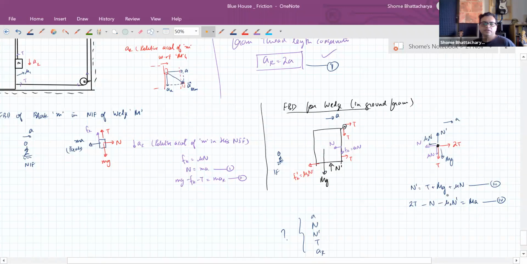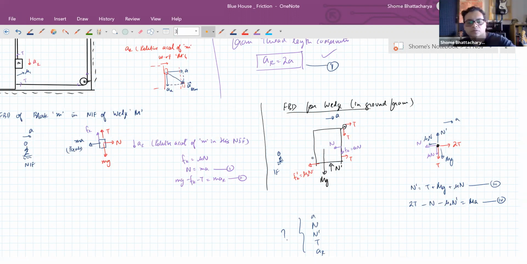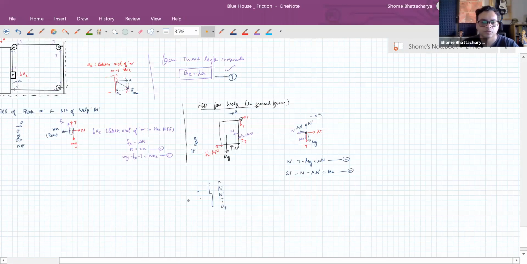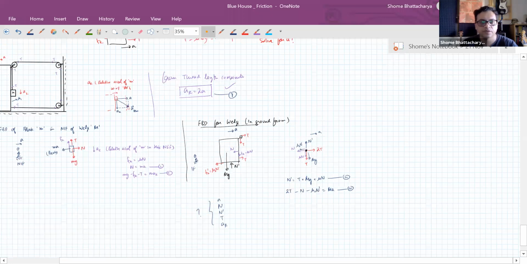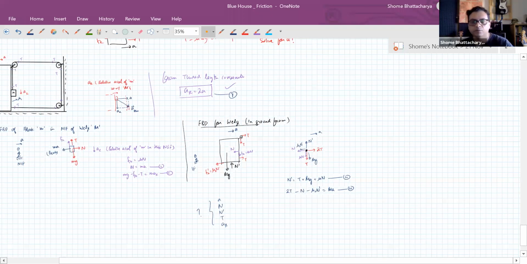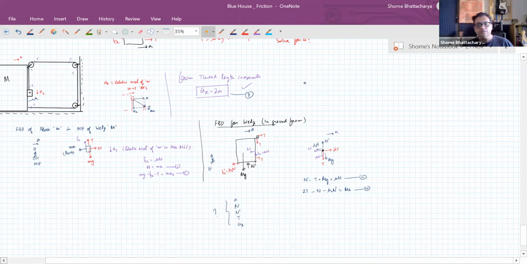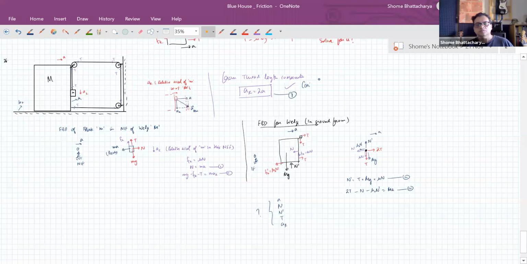Four equations you are getting from dynamics, F equal to ma type equations, and one fifth equation you are getting from the constraint relation. So just make a note of this also.